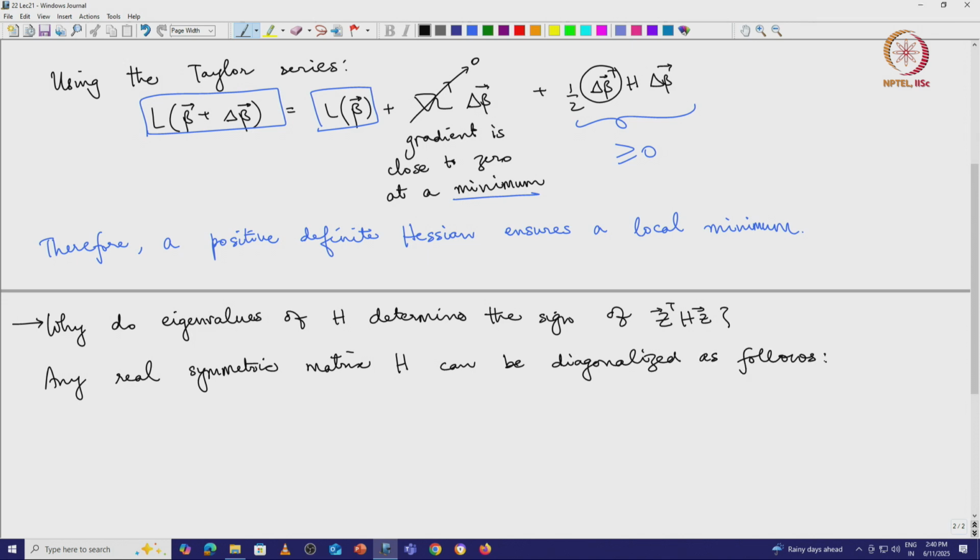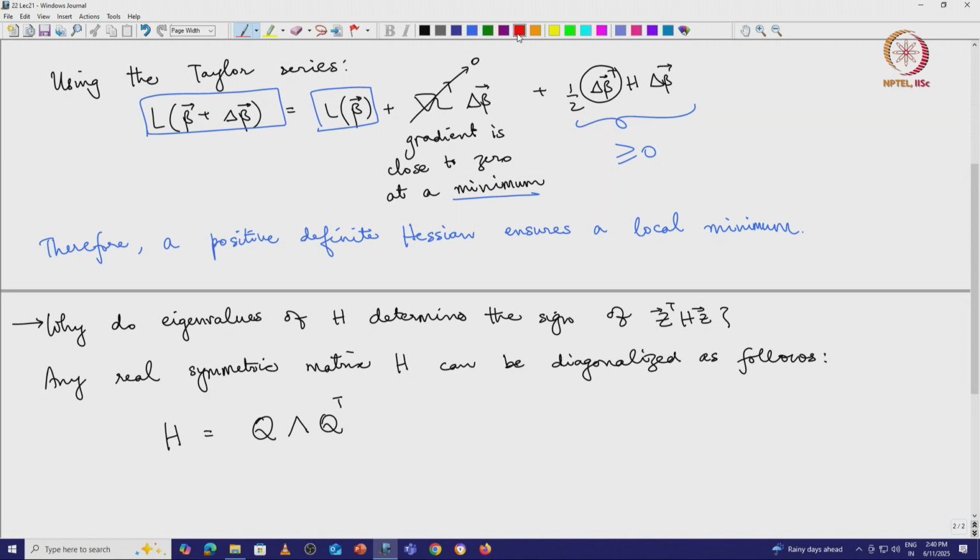So you are able to write H as the product of three matrices, Q lambda Q transpose, and this is uppercase lambda. Here these matrices are certain special types of matrices.